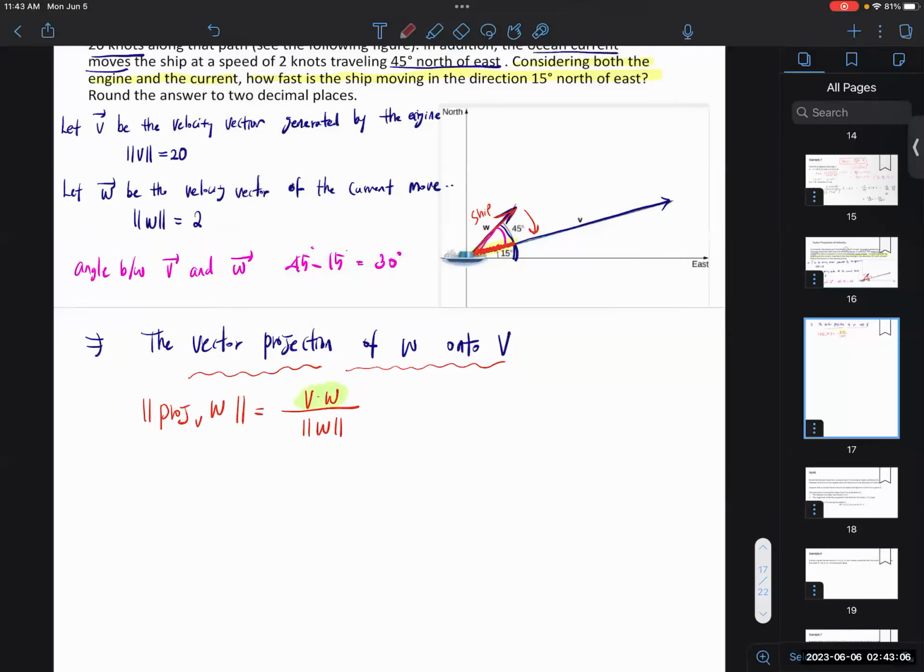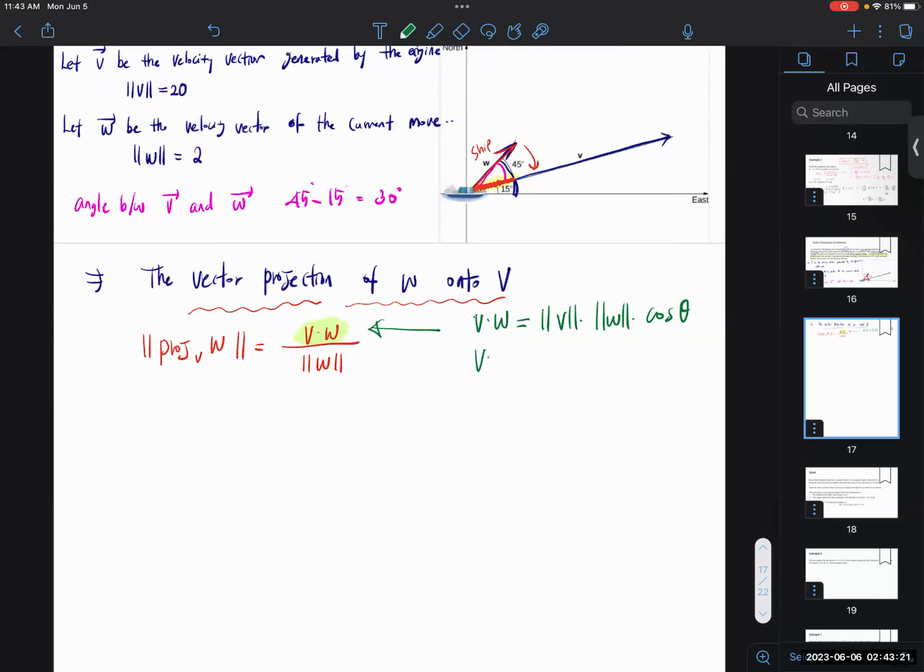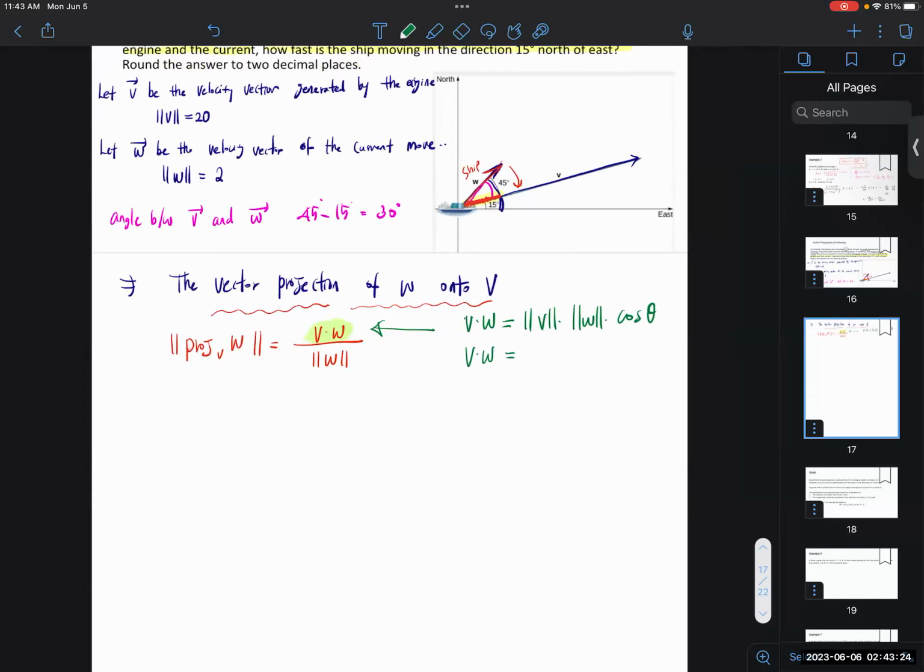Do we know the dot product of the vectors? We know from the beginning, the dot product is each vector's magnitude times the other's magnitude times cosine theta. Therefore, this is given 20 and 2, and the angle between the two is 30.